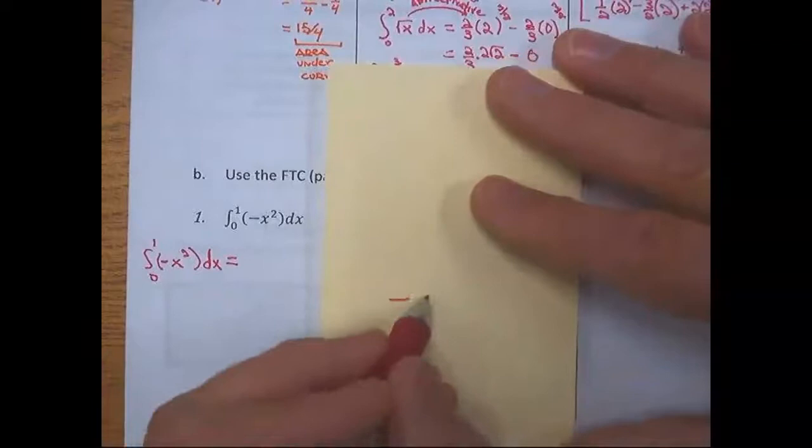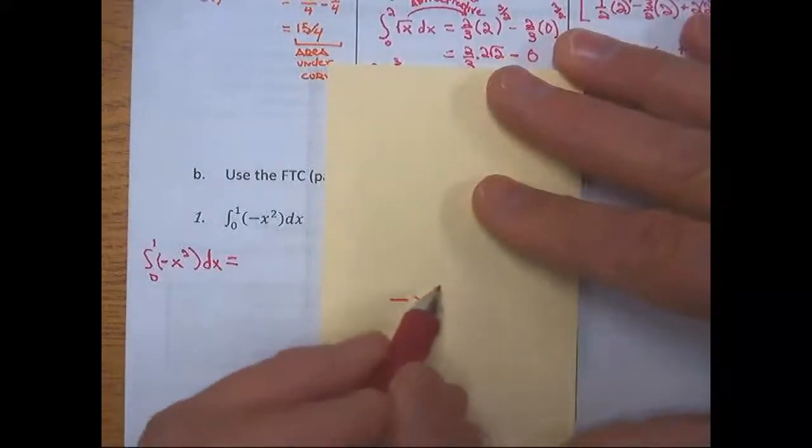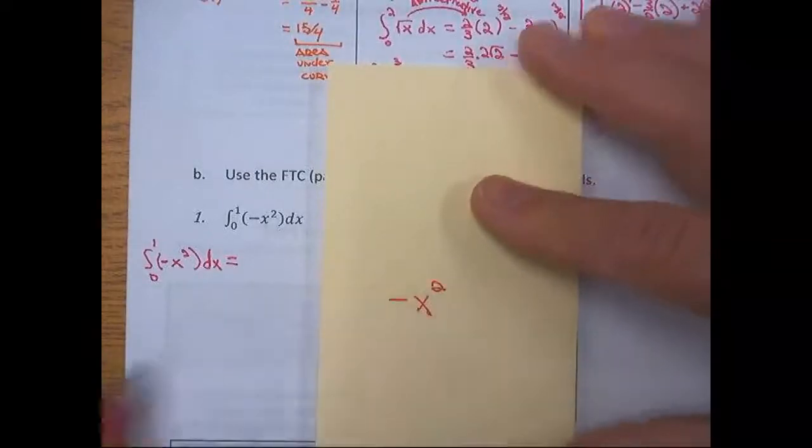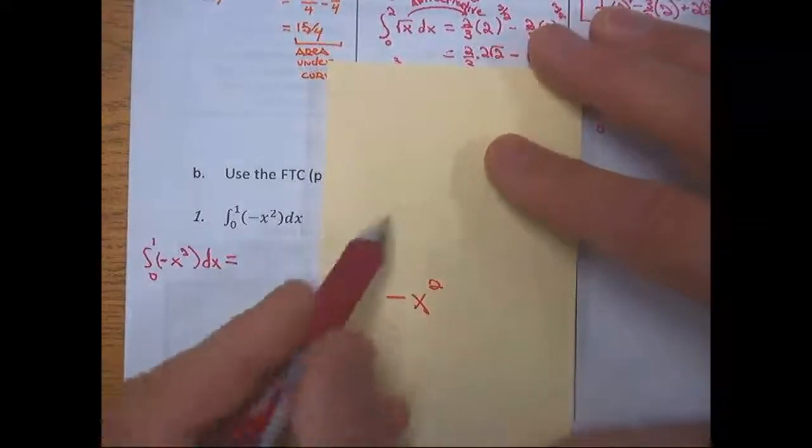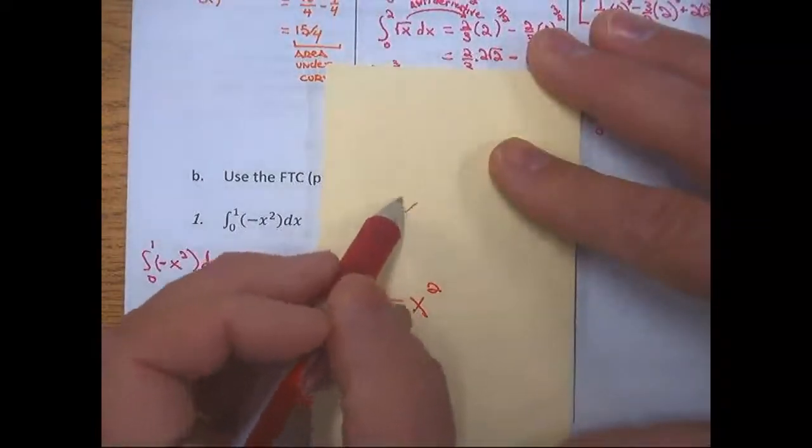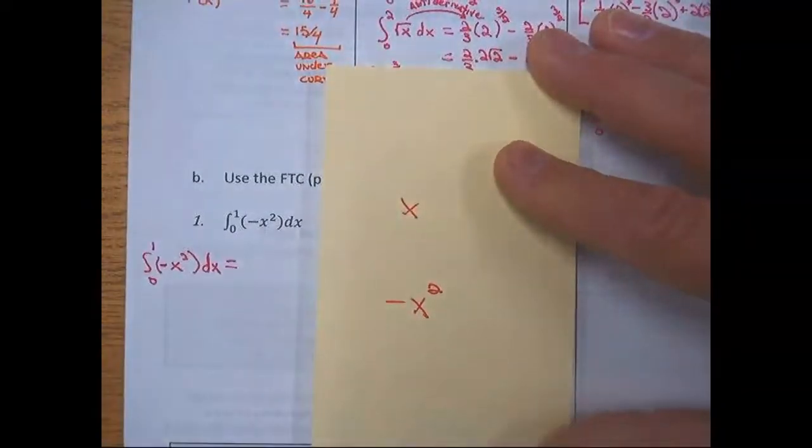So we want to get the antiderivative of this. Okay, so Anwar, what did the original exponent have to be? The original exponent would have to be 3.